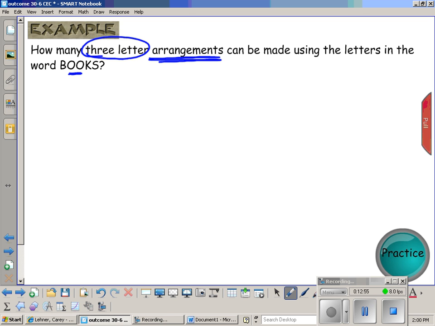If we are going to choose 3 of these letters, is it possible to choose an arrangement that has no O's in it? And it is, because there are 3 letters that are not O's. So in our first possible case, we might find all of our permutations, so all of our arrangements, where we have no O's.